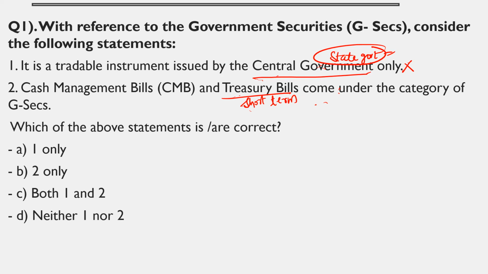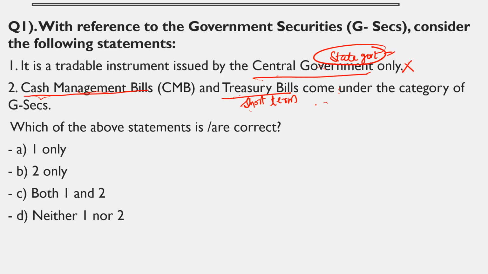Second is cash management bills. So the second statement is right. Cash management bill is a type of GSEC. In 2010, the Government of India, in consultation with RBI, introduced a new short-term instrument known as Cash Management Bill to meet the temporary mismatches in the cash flow of government. They are more or less like treasury bills, but with maturity of less than 91 days, whereas treasury bills are for 91 days, 182 days, 364 days.